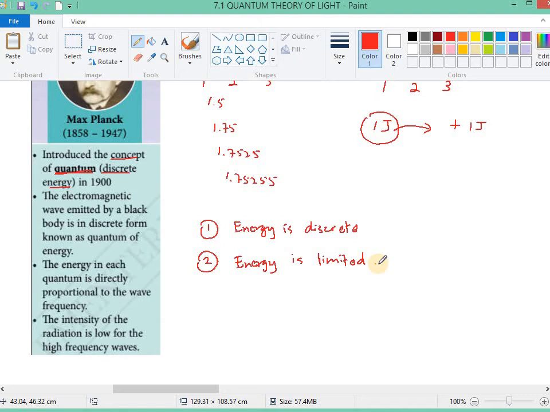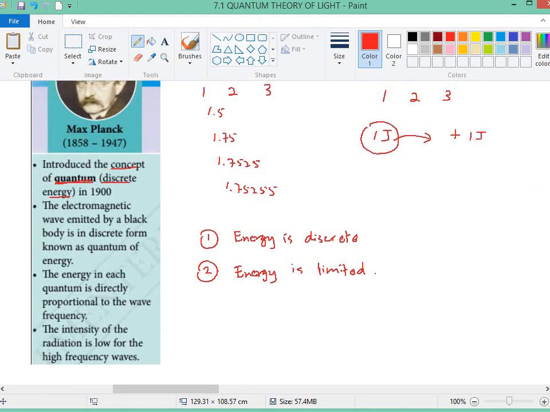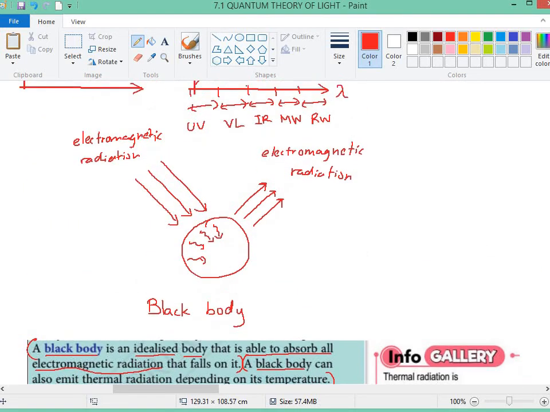So let's say, for example, this black body absorbs 100 joule of electromagnetic radiation, then it can only emit 100 joule. The maximum that comes out is only 100 joule. It is impossible for it to emit 101 joule while it only absorbs 100 joule.